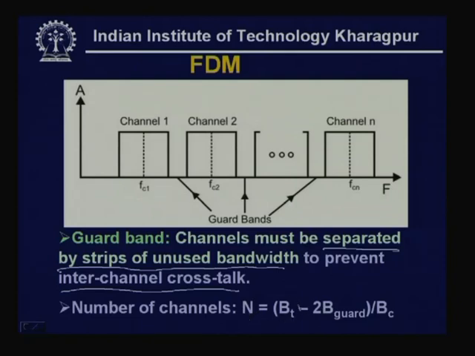Bt is the total bandwidth available, and that is being divided into a number of channels, Bc is the bandwidth allocated to each channel, and Bg is the guard band. So, this is how we get the total number of channels that is possible in case of frequency division multiplexing.